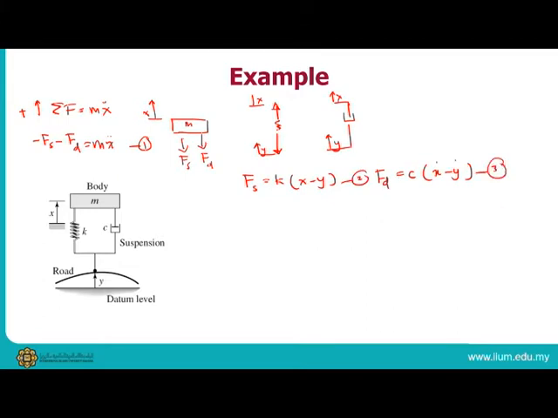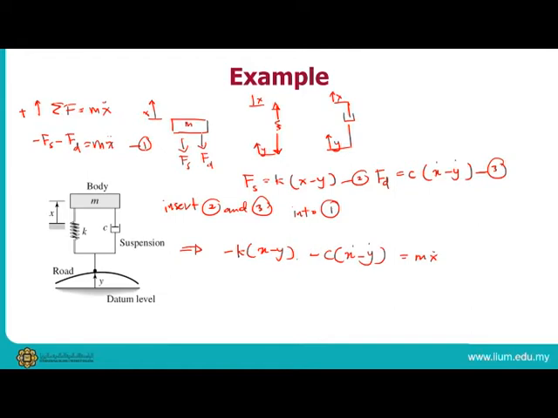So you insert 2 and 3 into 1, then you can get minus k(x minus y) minus c(x dot minus y dot) equal to m x double dot.